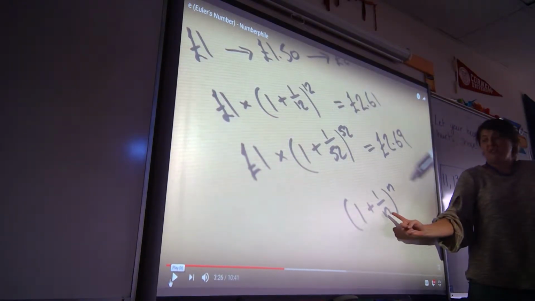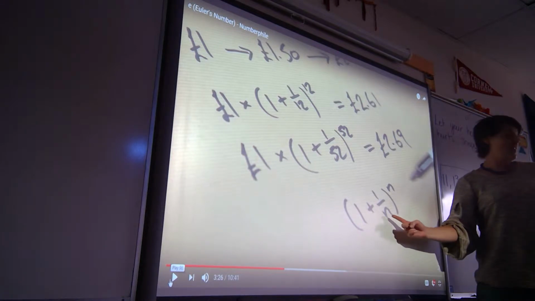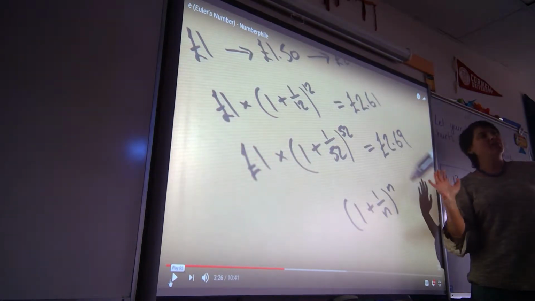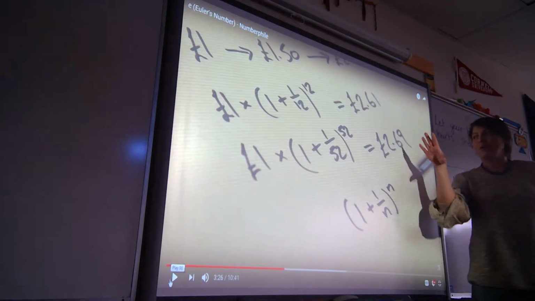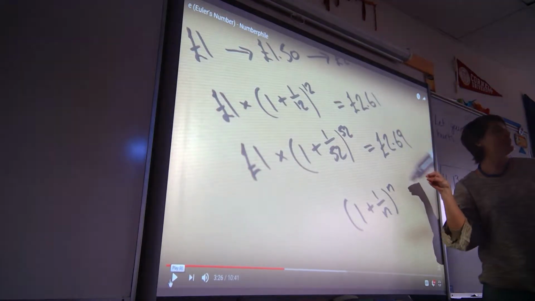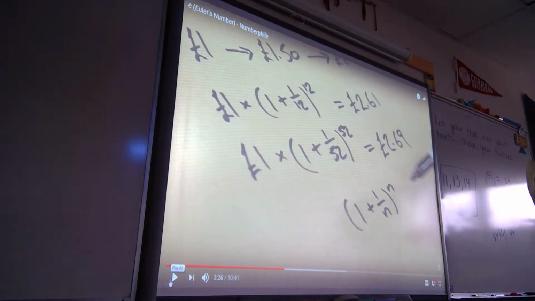So let's say we plug in 10,000 for n. We're still going to get around 2.7. We're going to get closer and closer and closer to 2.718. Yeah, so I'm guessing banks don't do this in real life. Actually, banks do this in real life, but the interest rate is not 100%.